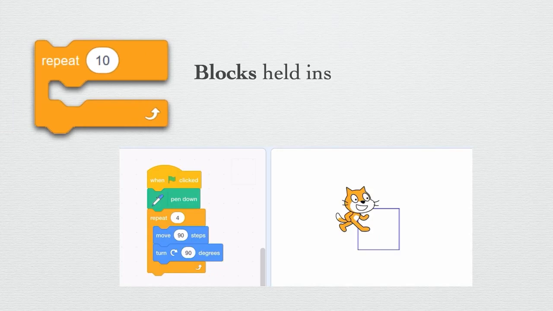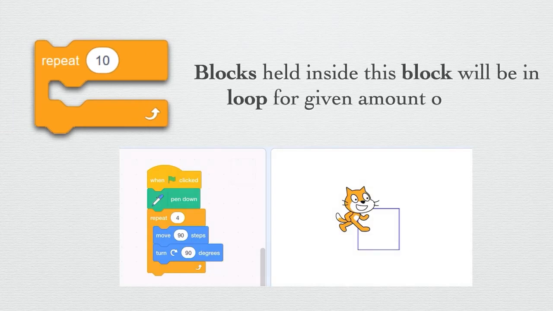So kids, for repeating action we have used repeat block from control block menu, and the blocks held inside the repeat block are repeated for specified number of times mentioned in the block. Like all of you have seen in a project draw a square, in which we have mentioned number 4 in that block, so it repeated our code only for 4 times.